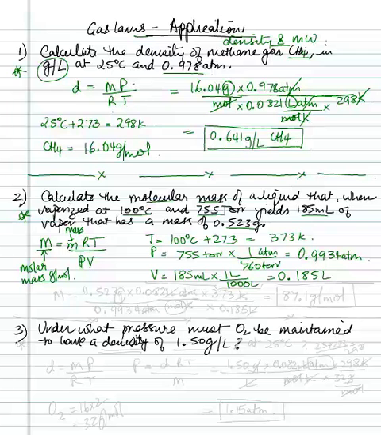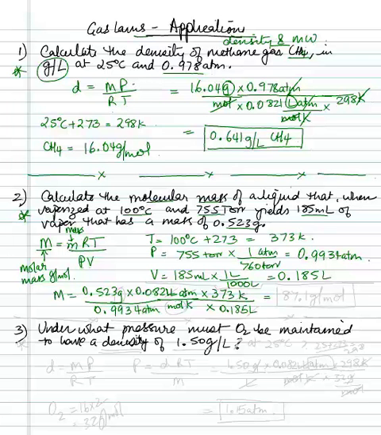So then molar mass is equal to the mass, which is 0.523 grams times R, which is 0.0821 liters atmosphere per mole Kelvin. Temperature is 373 Kelvin. And then pressure and volume are the denominators. So the pressure is 0.9934 atmosphere and the volume is 0.185 liters.